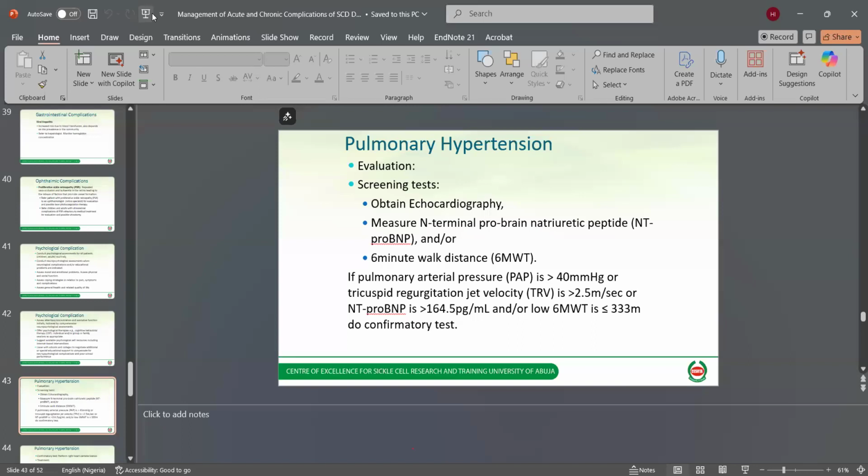Abnormal results are: pulmonary arterial pressure greater than 40 millimeters of mercury, or tricuspid regurgitation jet velocity greater than 2.5 meters per second, or N-terminal pro-brain natriuretic peptide greater than 164.5 picograms per milliliter, and or a 6-minute walk test of less than 333 meters. Confirmatory tests should then be conducted.